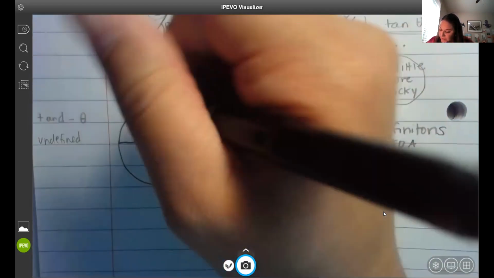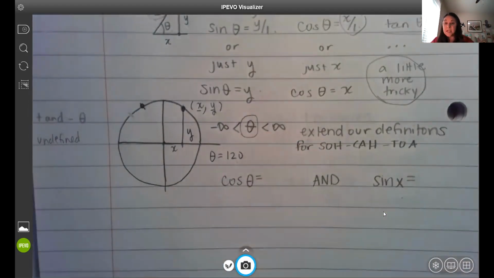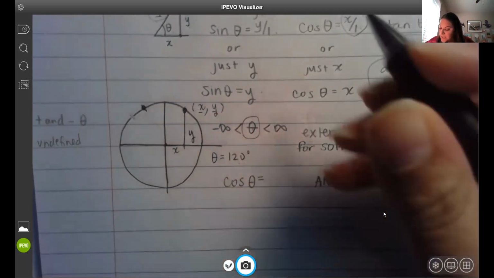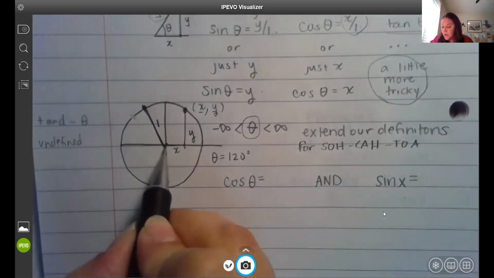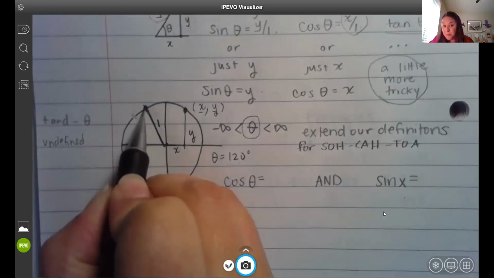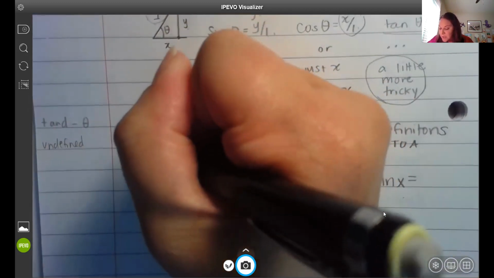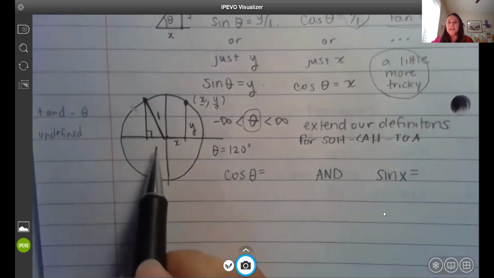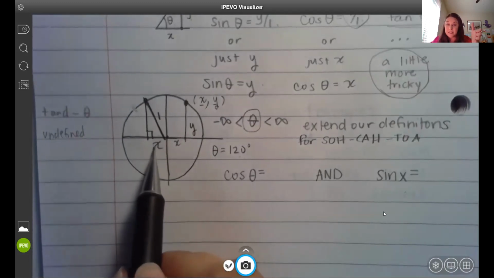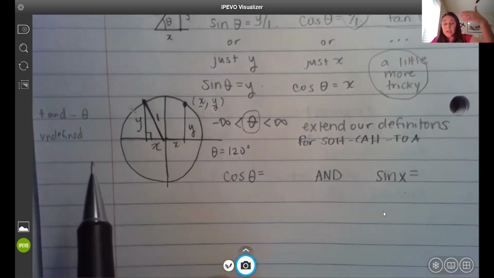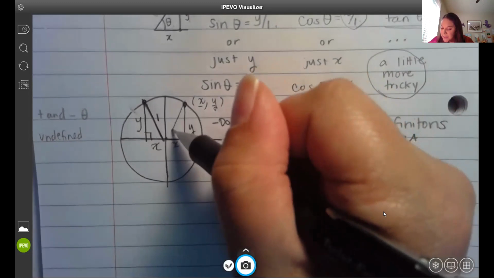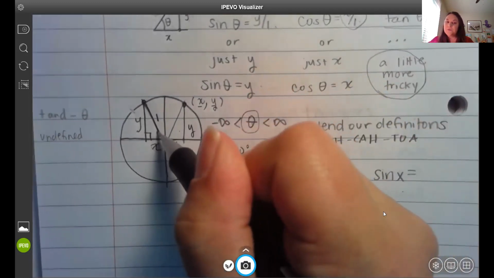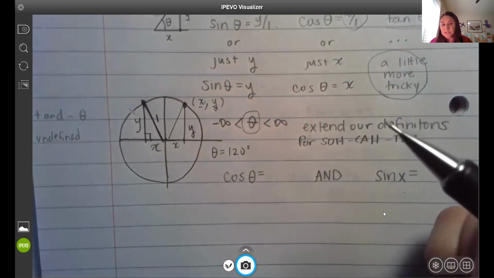And so if somebody were asking me what the sine and cosine of 120 degrees would be, for example, then they're talking about this hypotenuse from 0, 0 to that point on the circle, and then my right triangle would look like that. Again, I still have an x, however now the x is negative, and I still have a y coordinate, and the y is still positive. And so basically what ends up happening is that you have this one right triangle that could be viewed in any one of the four quadrants.